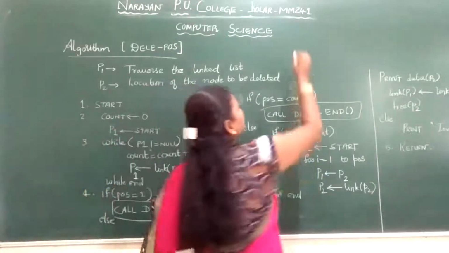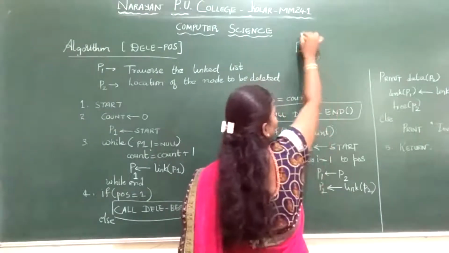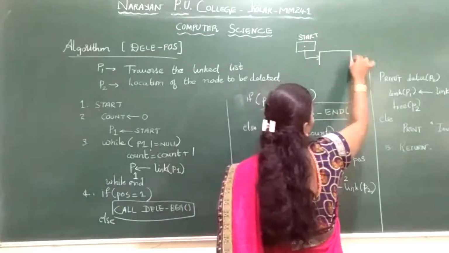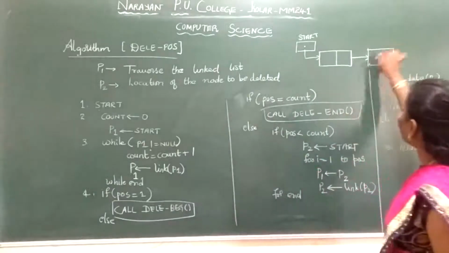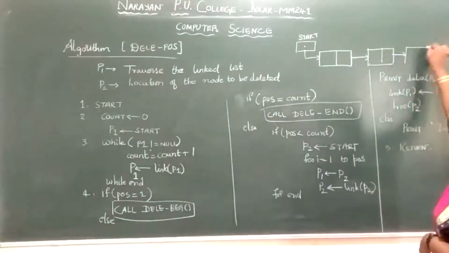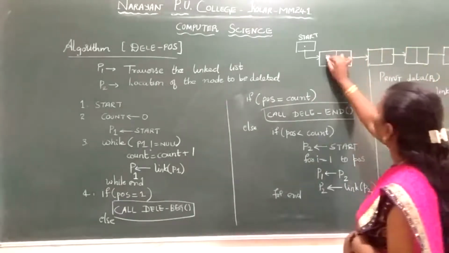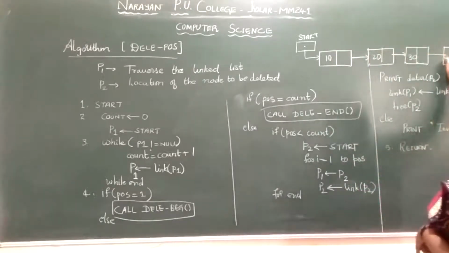So imagine this is my start. The start contains the address of the first node. Imagine these are my nodes: 10, 20, 30, 40, and null.